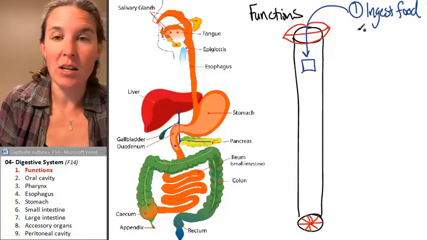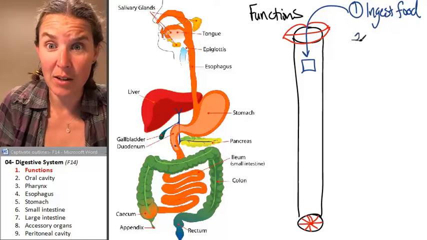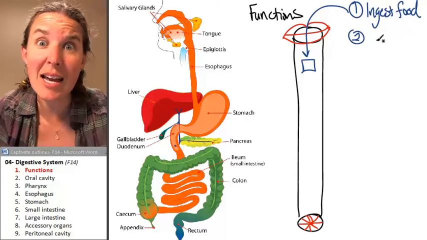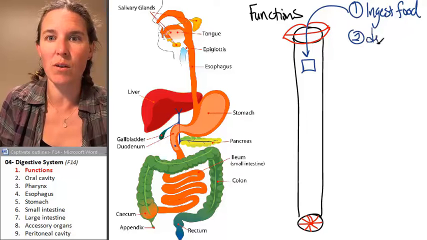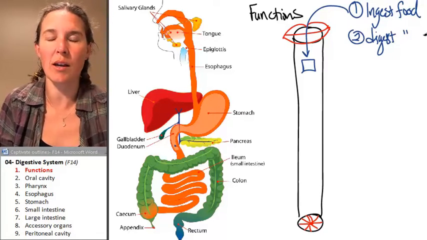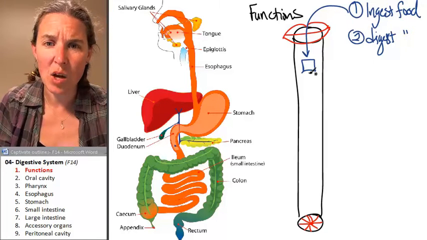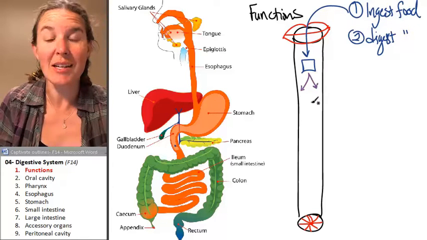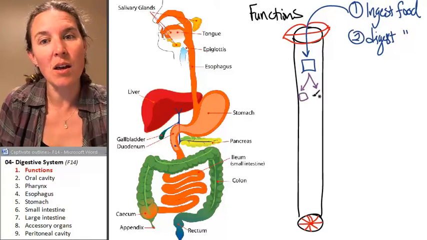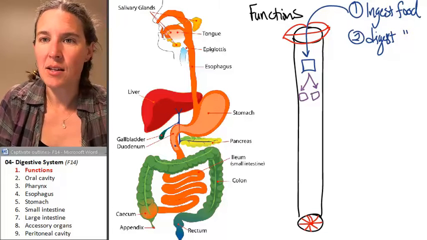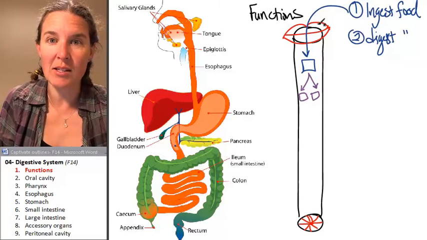Another function of the digestive system is to digest the food. Really? True story. What is digestion? Well, basically, when you digest something, you break it down into littler parts.